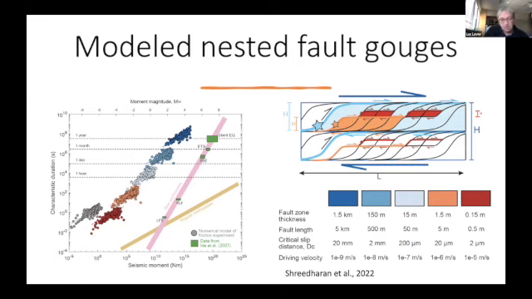The larger shear zone is all the way on top in dark blue, the one I just showed you, Dc 20 millimeters, 5 kilometer long fault length, and 1.5 kilometer thick fault zone. And the driving velocity is 10 to the minus 9 meters per second.